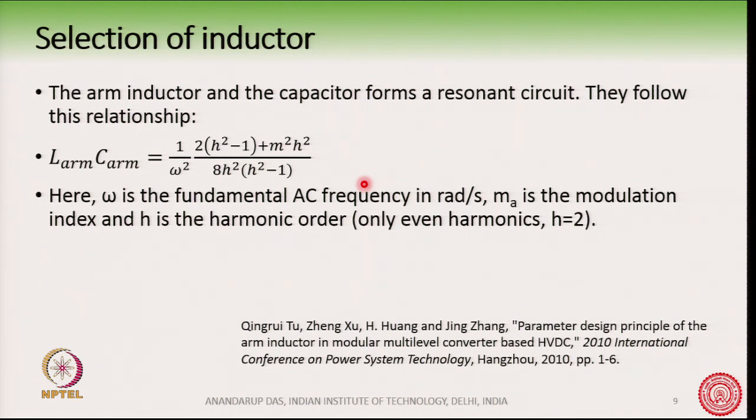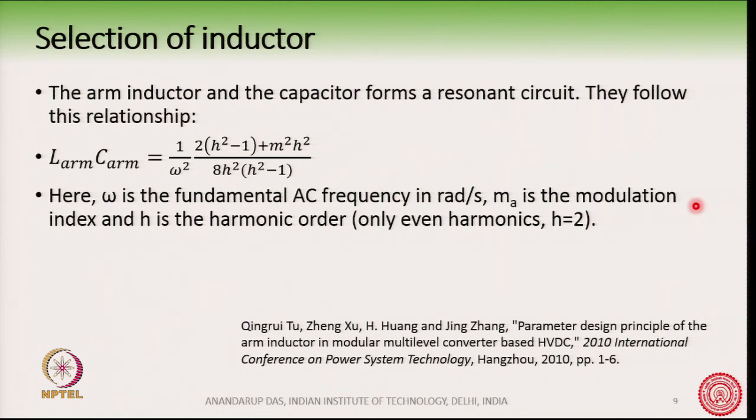It is possible to derive it, but it would be a derivation exercise which I want to avoid right now. So, this L arm into C arm follows this relationship, where omega is the fundamental AC frequency in radian per second, M is the modulation index and H is the harmonic order. We usually take H equal to 2 because that is the most dominant harmonic present.